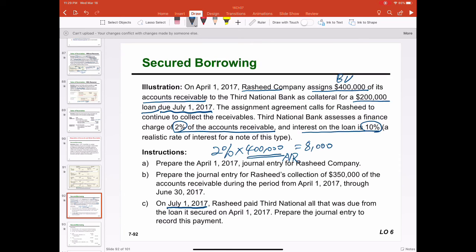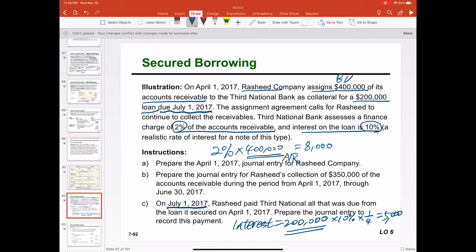So we can calculate the interest: the principal of the loan, okay, do not use $400,000, you use the balance of the loan, multiplied by 10%. This is the annual interest rate. 3 months is 1/4. So it is $5,000, the interest charged for the 3 month loan.